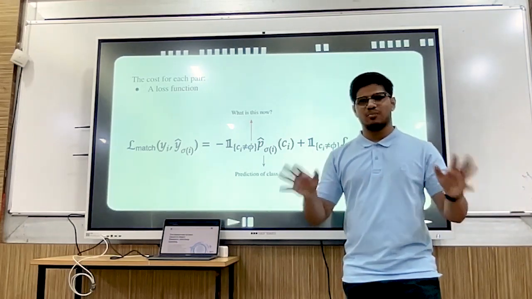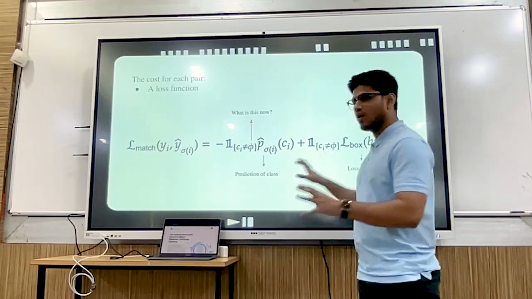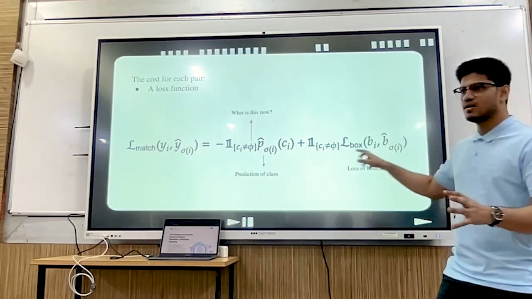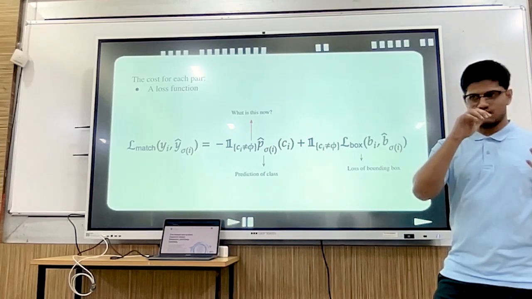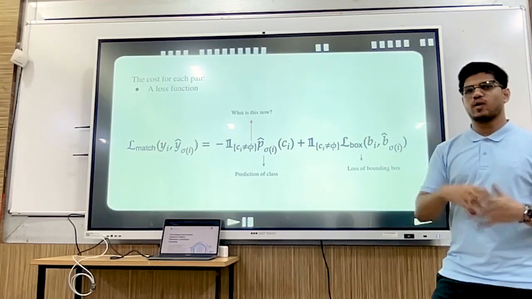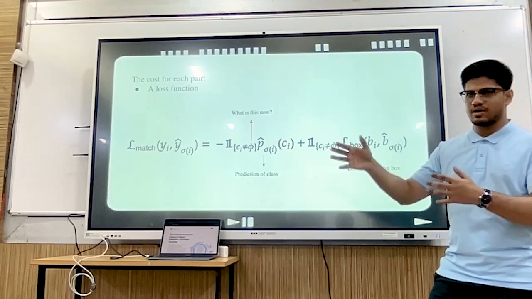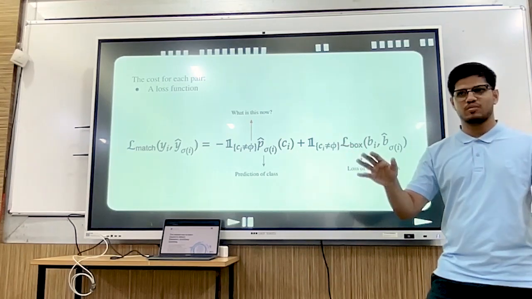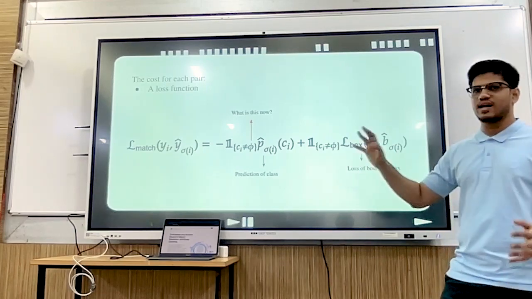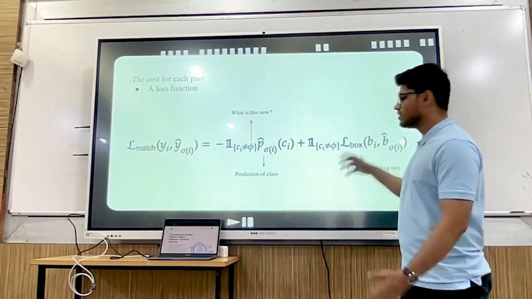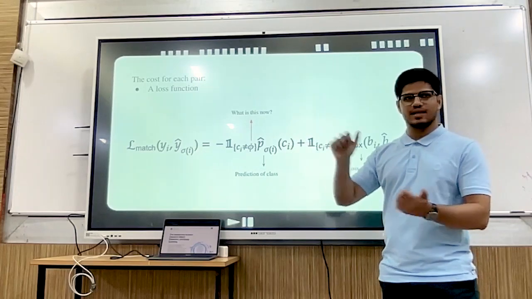And what is the box loss function? It is a way of saying how similar the predicted bounding box and the ground truth bounding box are, and that is achieved through another mathematical formula. We don't need to go into that. It's just a way of finding the similarity between the predicted bounding box and the actual bounding box.